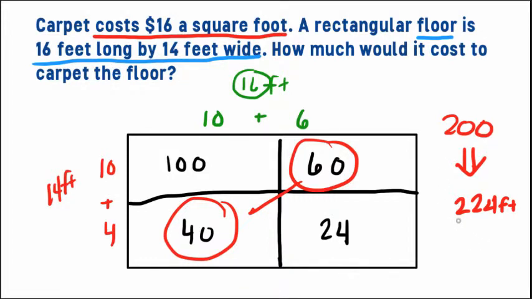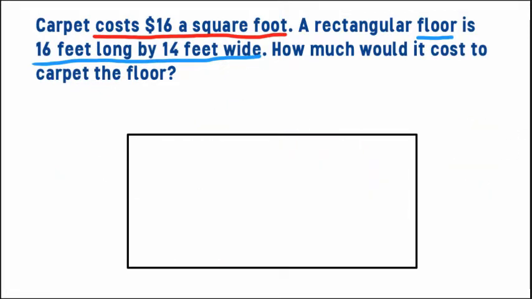And we're talking about dollars, so we're changing this into dollars. So our answer is going to be in dollars. What does this tell us? This tells us that this is 224 square feet, feet squared. We actually didn't talk about that.